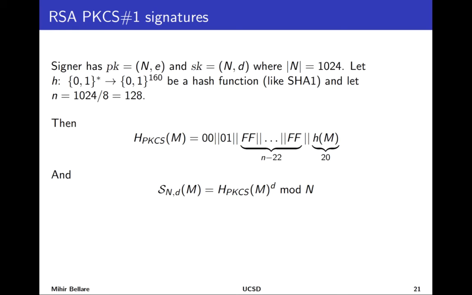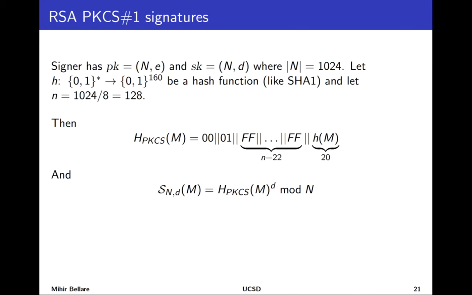They were doing RSA signatures using this same basic hash-and-decrypt paradigm. So the public key was modulus and encryption exponent, secret key modulus and decryption exponent, and in this illustration, I'll assume a 1024-bit modulus.